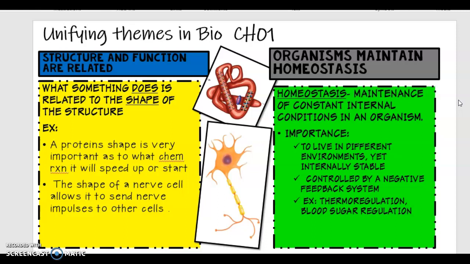Something that you guys might relate to is blood sugar regulation. So if you're diabetic or hypoglycemic or hyperglycemic. Another example is thermal regulation, so keeping a good internal body temperature.